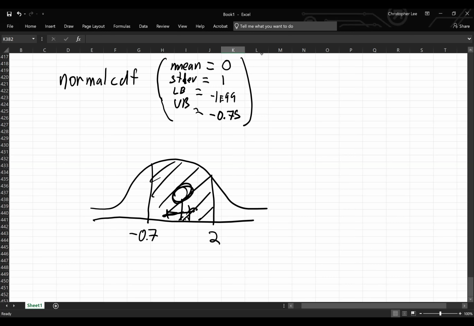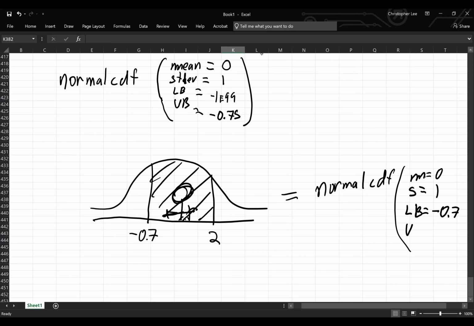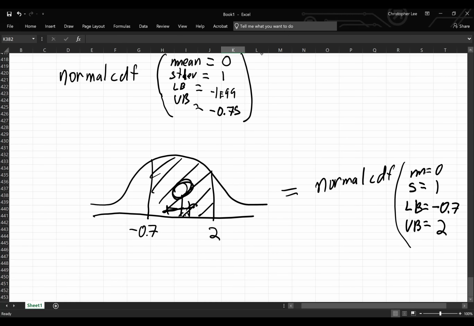So for this situation, if I'm doing it in the calculator, normal CDF, my mean is still 0. My standard deviation is still 1, but my lower bound, what's to my left, that's the -0.7. And the upper bound, that's the 2. Enter, boom.